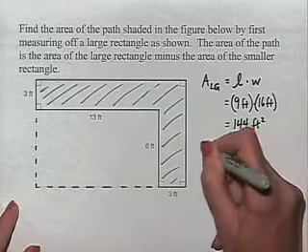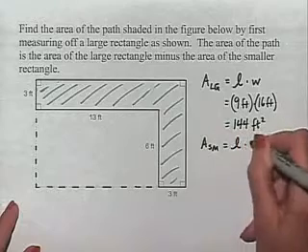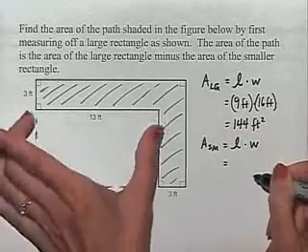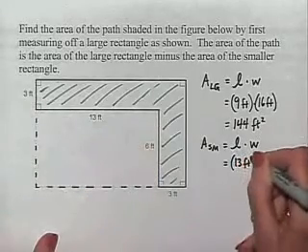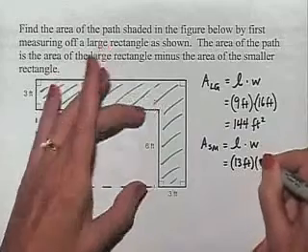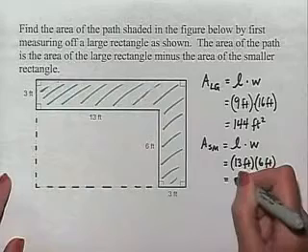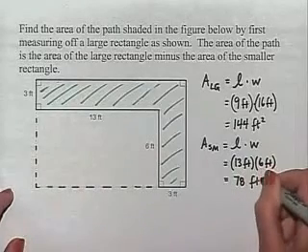To find the area of the small rectangle, we're going to also use length times width. Our small rectangle will have, we can think of its length as being 13 feet. Its width we can think of as being 6 feet. We're going to multiply those two values together to give us 78, and feet times feet gives us square feet.